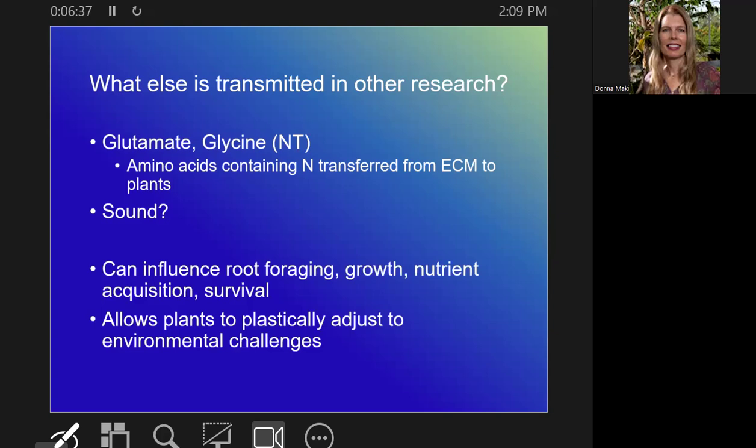And then we are acknowledging that all of the chemicals and communication signals that are getting transferred, the hypothesis is that they're going to be influencing growth and survival.